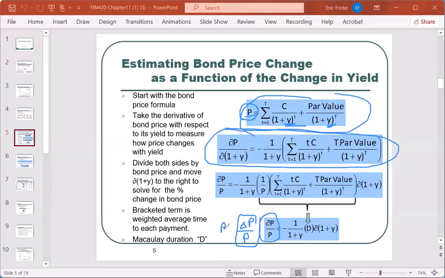Because that equals the return. So we're solving for the return on a bond when the yield to maturity changes. This equation simplifies down to using the current interest rate and the change and something called D. The D stands for Macaulay duration.